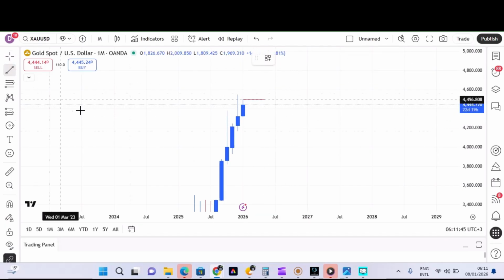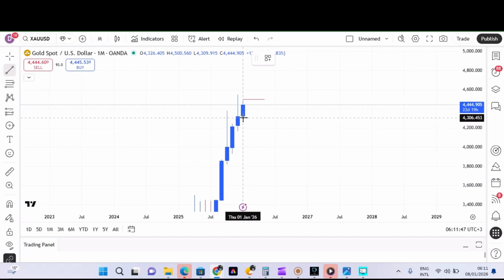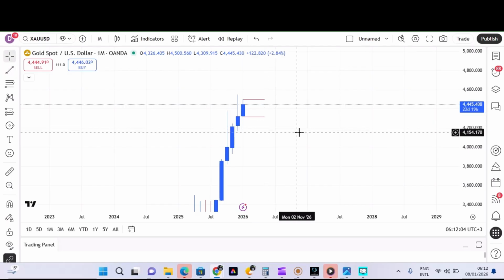Good. So let's also mark the opening price of gold this month, step by step. We mark this. Good.